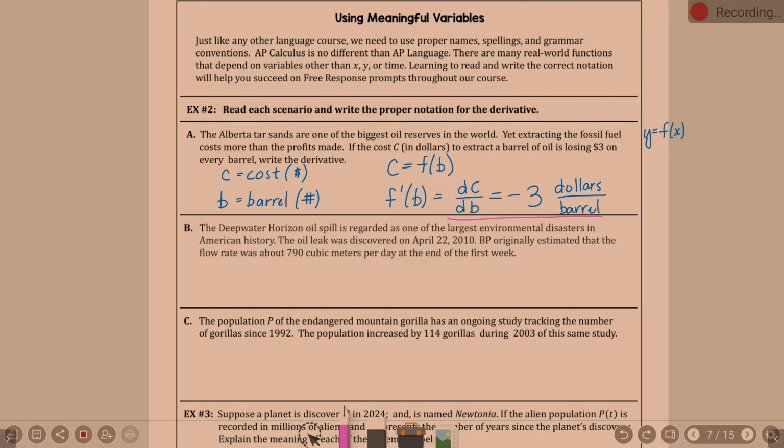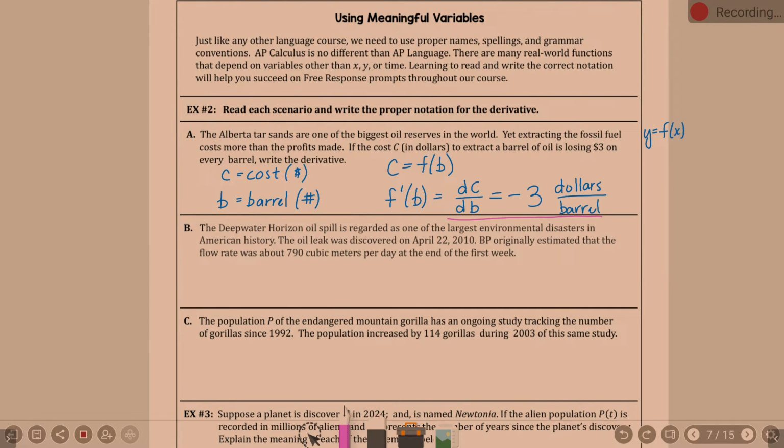Okay, guys, what variables do we need to talk about here? Cubic meters. What is it describing? The flow rate of the oil. And what kind of unit is that?